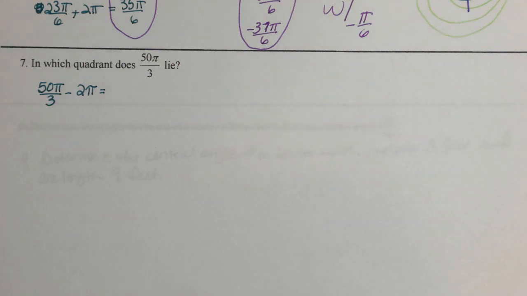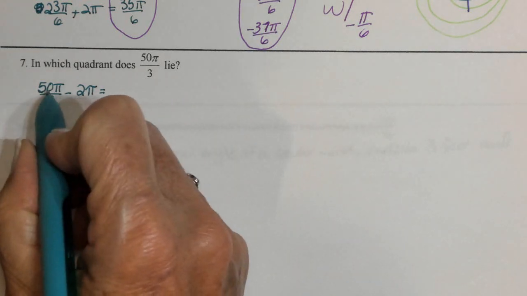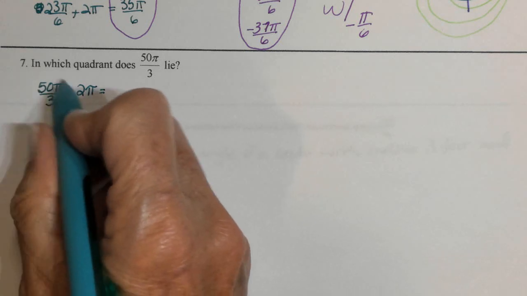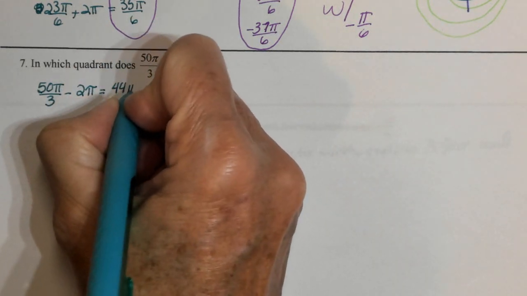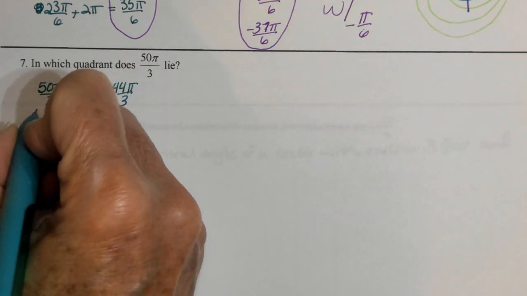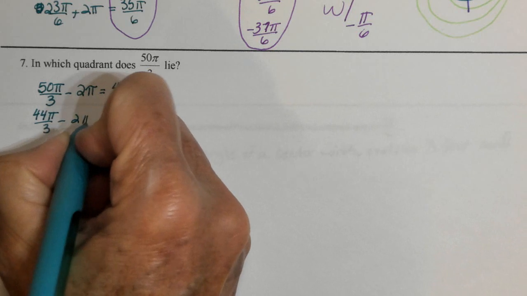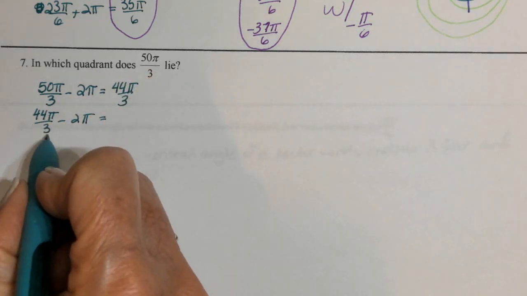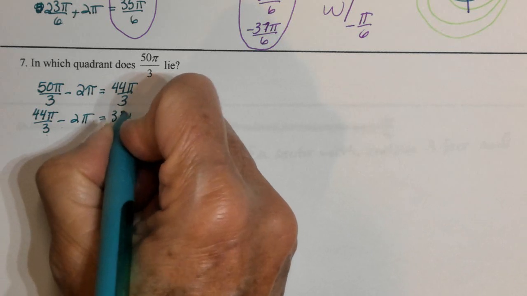I could do that. So 50 pi over 3 minus 6 pi over 3, I'm subtracting 6 from the numerator, right? So that would be 44 pi over 3. But now I would need to take 44 pi over 3 and subtract another 2 pi. 44 pi over 3 minus 6 pi over 3 will be 38 pi over 3.